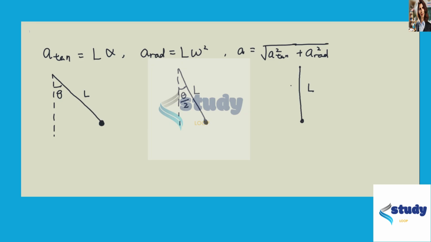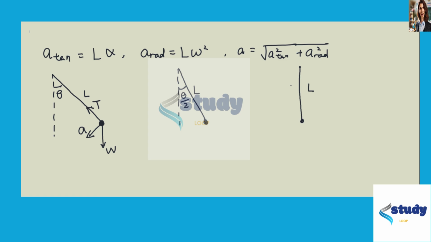So in situation A, in the beginning, the angular speed is 0, so the radial component is 0. So we only have tangential acceleration. So the acceleration is perpendicular to the rod. And the forces on the object, we have tension and we have weight.